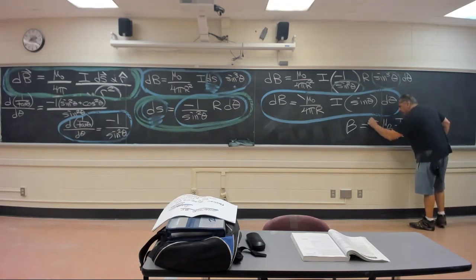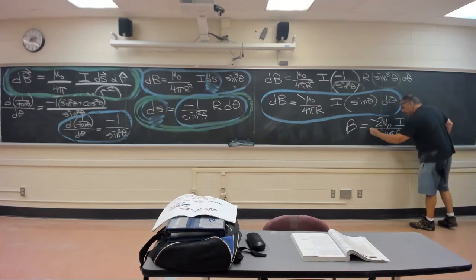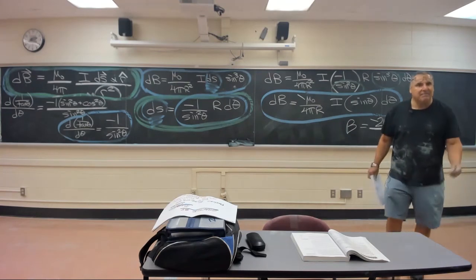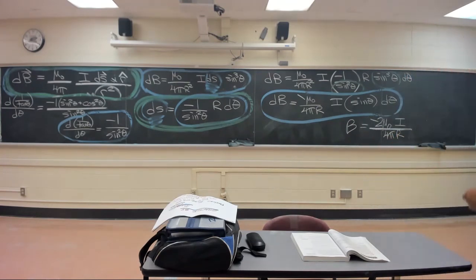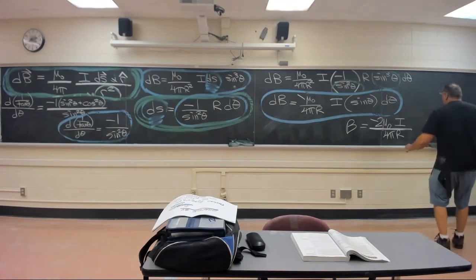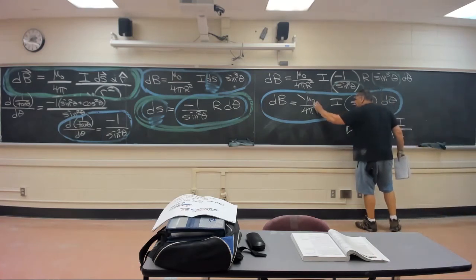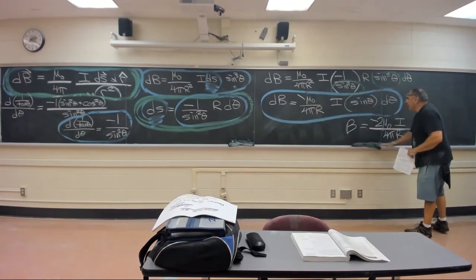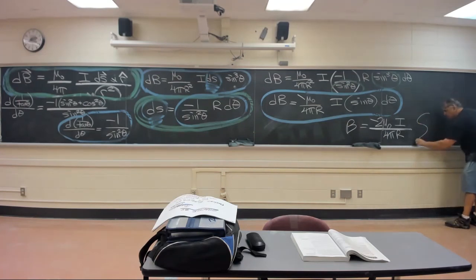There's a negative here. I'm going to put a 2 in front because I'm only going to deal with half of that infinitely long wire. You know what I mean by half? Not really half, but the semi-infinitely long wire. So I'm going to put a negative 2 right there. This is a negative to begin with, and I'm just going to multiply by 2, because I'm only caring about the integration from pi over 2 to pi of sine theta d theta.